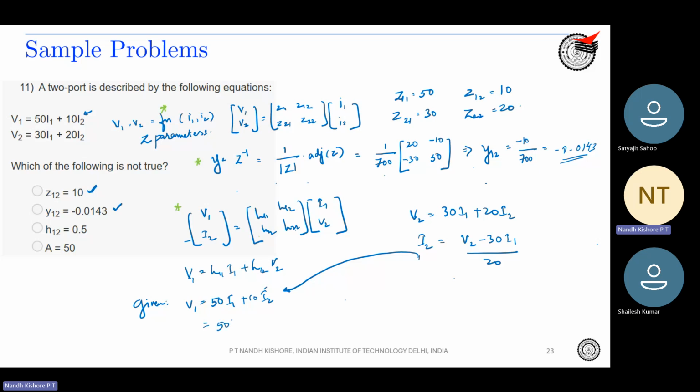This is 50 I1 plus 10 I2, so 10 by 20 into V2 minus 30 I1. 10 into 30 by 20 is 15. So 50 minus 15.